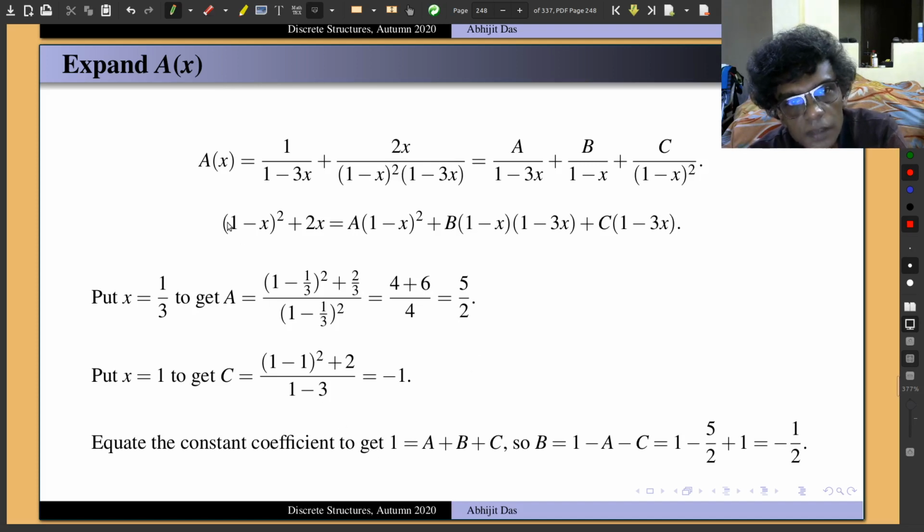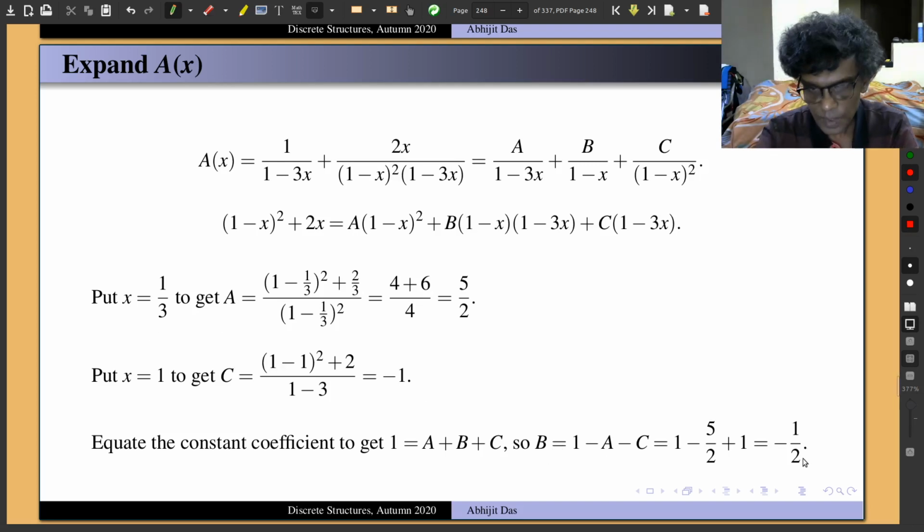Okay, so 1 is coming from here: 1, 1a, 1b, 1c. Therefore, we have already got the value of a and c. Substituting, we get the value of b as minus half. Okay, so given this, I now have a very clean looking expression for ax.